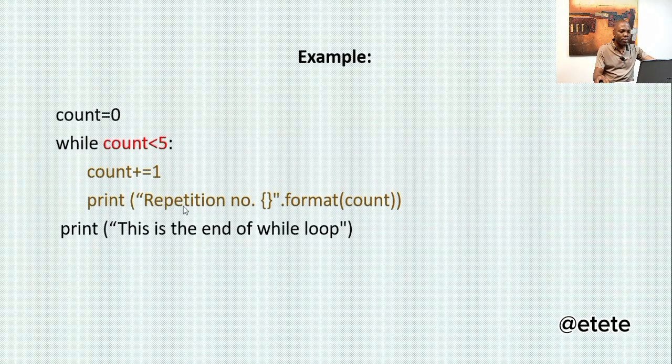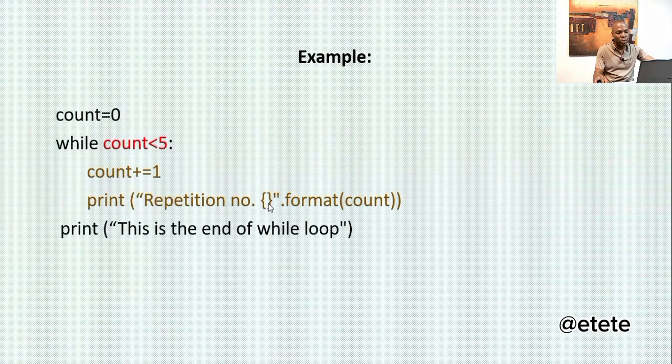Then you now print repetition number. This is the string literal that you are supplying. And I told you when you see this curly bracket, it means there is an expression in this string literal. So you call the format function to supply count into this expression. So whatever count is at that point is what is going to be displayed here.